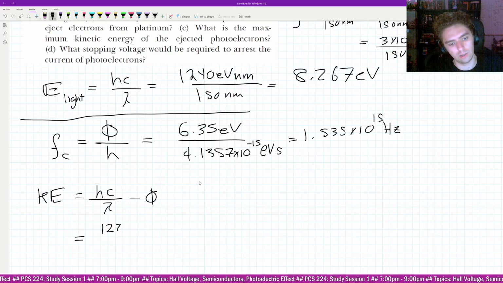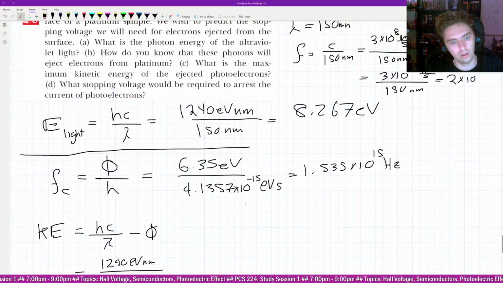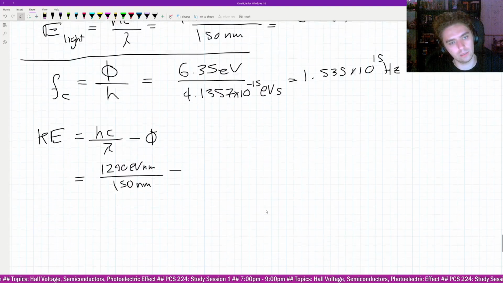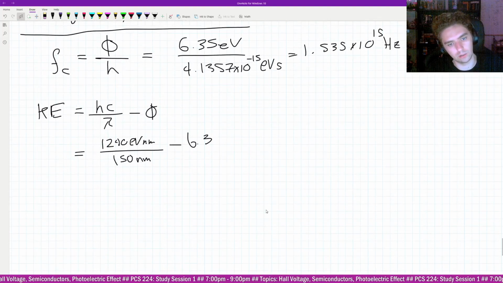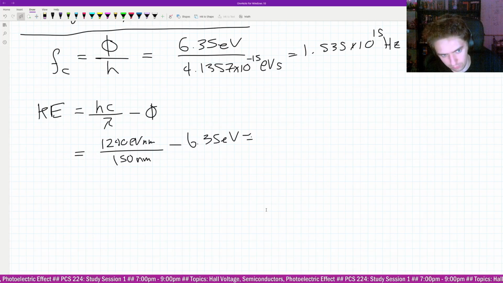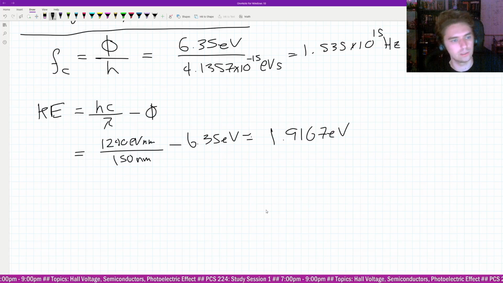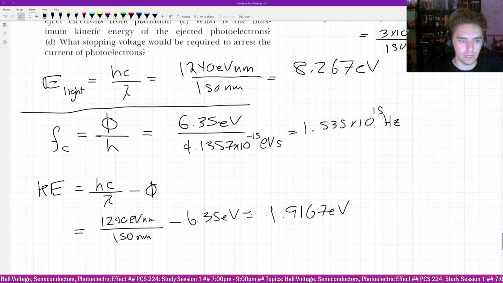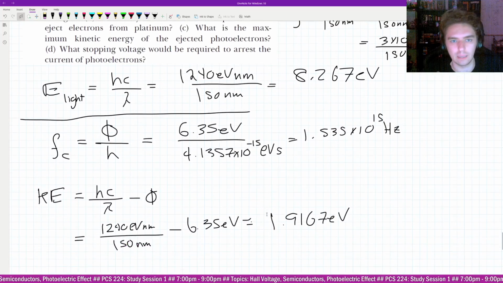So that's going to be 1240 eV nanometers per 150 nanometers minus the work function, which is 6.35 electron volts, which is 1240 over 150 minus 6.35. So the answer is 1.9167 electron volts. Okay, so that's the amount of kinetic energy of the electrons coming out.